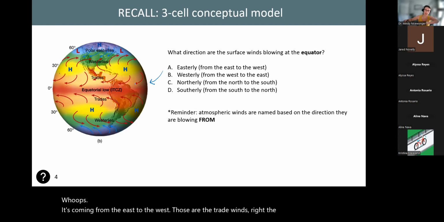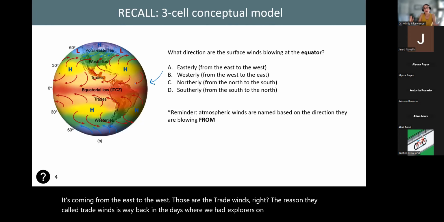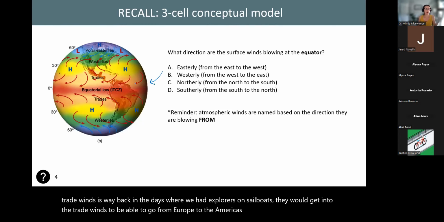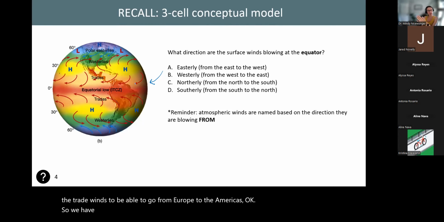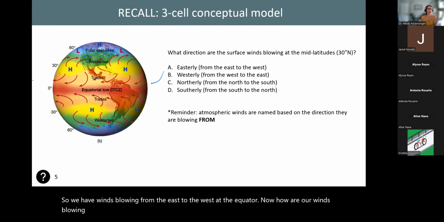The reason they're called trade winds is that way back in the days when we had explorers on sailboats, they would get into the trade winds to be able to go from Europe to the Americas. Okay. So we have winds blowing from the east to the west at the equator. Now, how are our winds blowing at the mid latitude, say more around 30 to 40 degrees north?